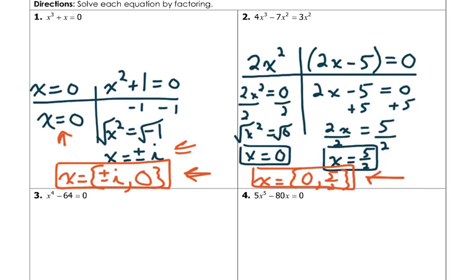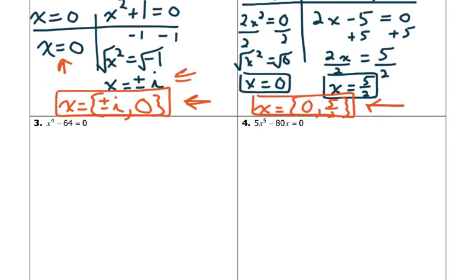All right, as we continue here, again, making sure that we have each side equal to 0. So here we've got a difference of squares. At this point, you should be pretty good with difference of squares, difference of cubes, and sum of cubes, so I'm going to go right into it. X to the fourth is a perfect square, and 64 is a perfect square, so we have a difference of squares here.